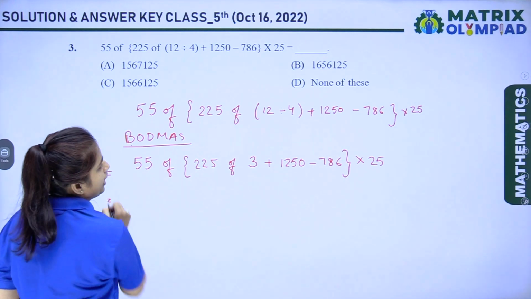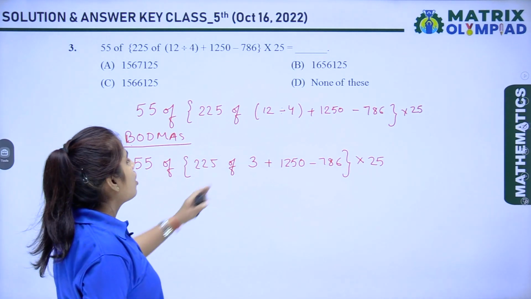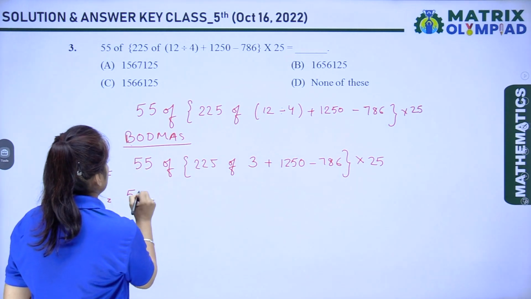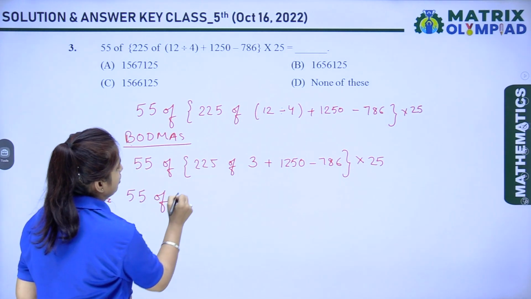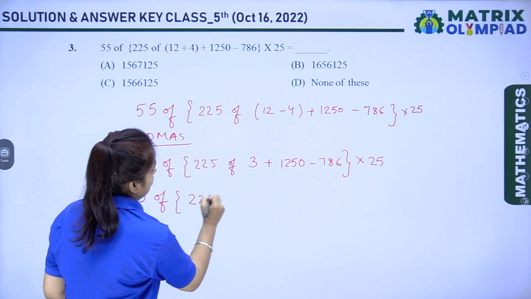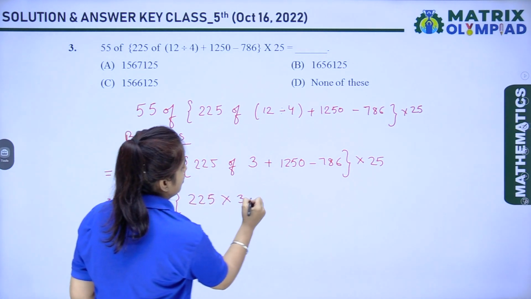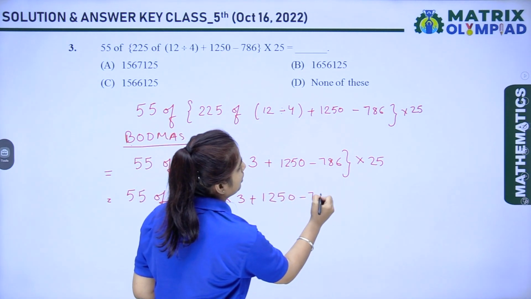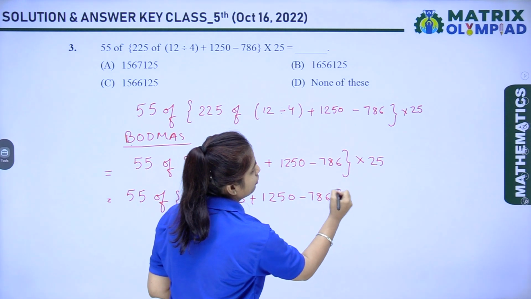Now, the next step will be of. In the bracket, we have to give priority to the of part. So it will be solved like this. Of will be converted into multiplication. After that, the rest will be the same.